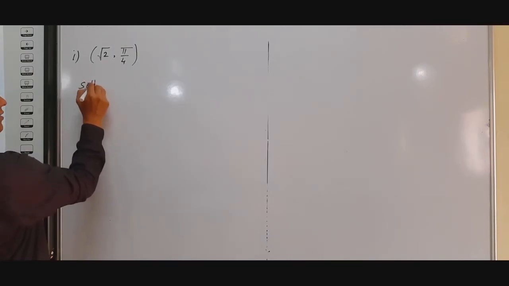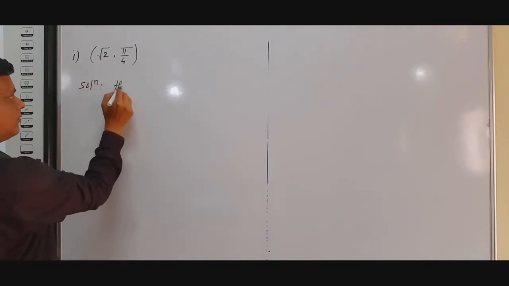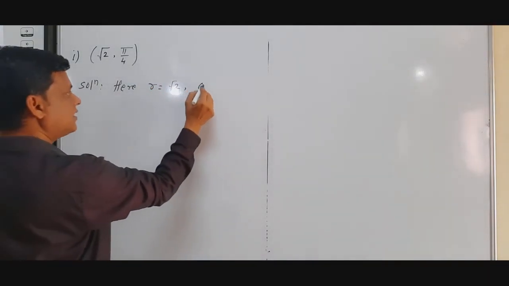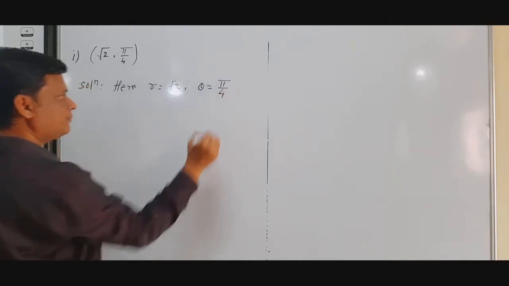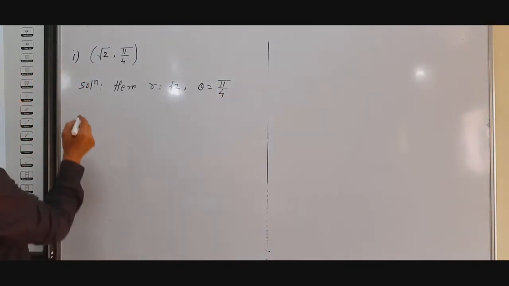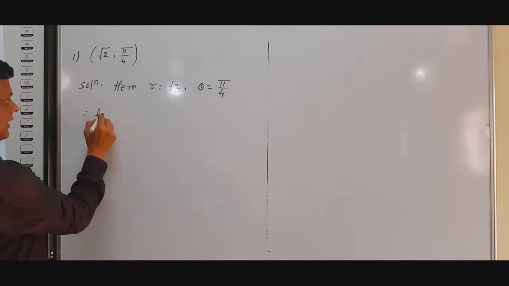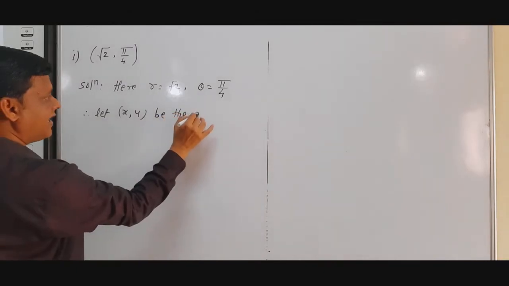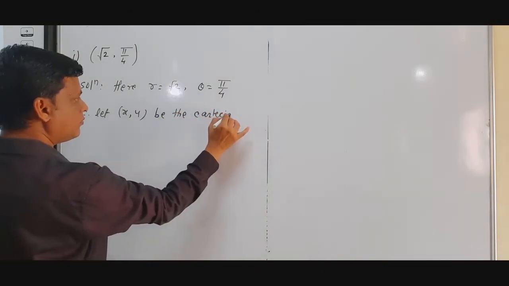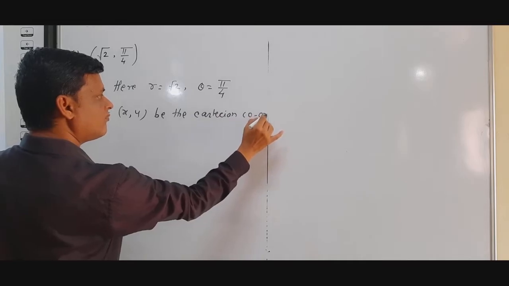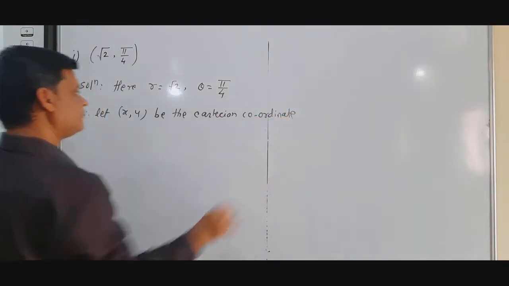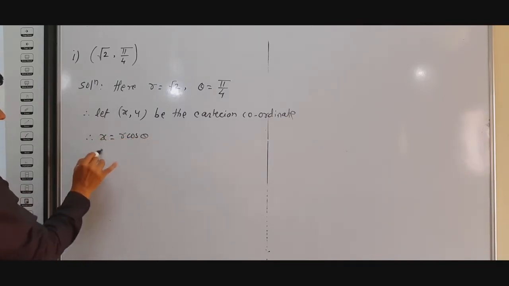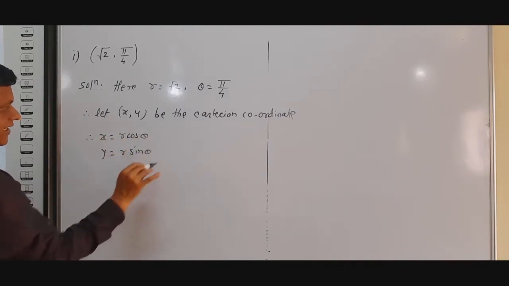So in the solution we write the given part first here. r is equal to root 2. Theta is equal to pi by 4. Therefore let x, y be the Cartesian coordinates. Therefore x is equal to r cos theta, y is equal to r sin theta.